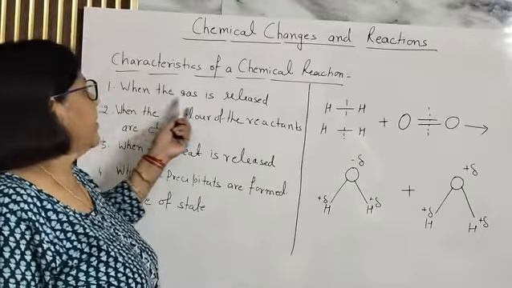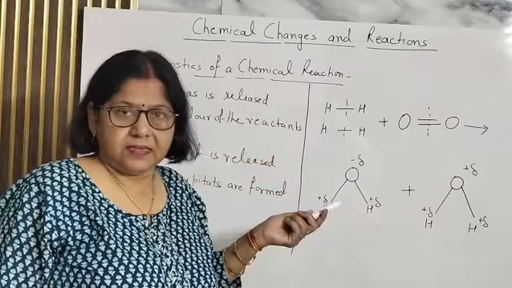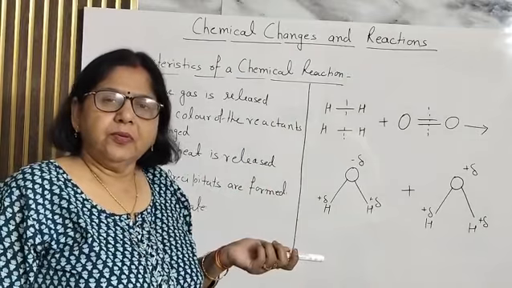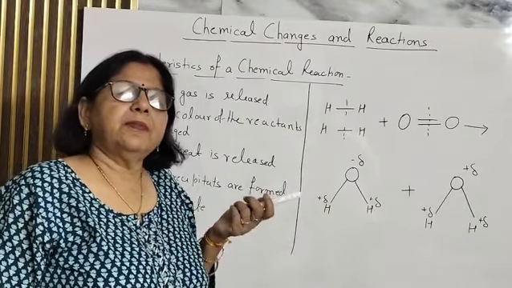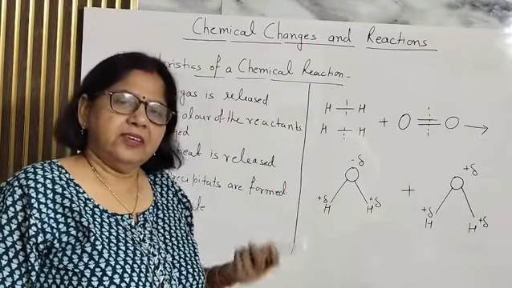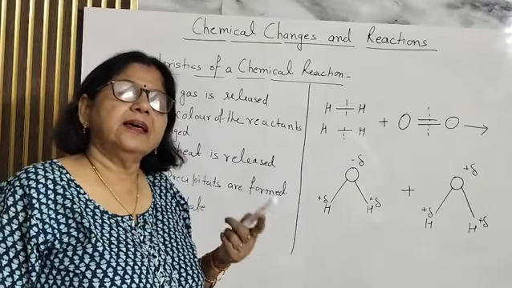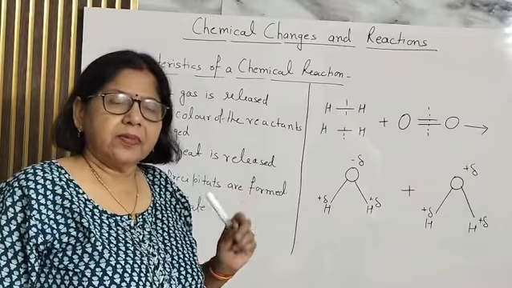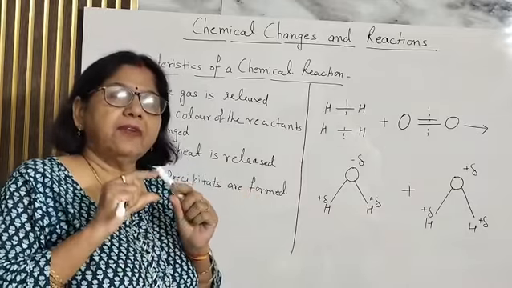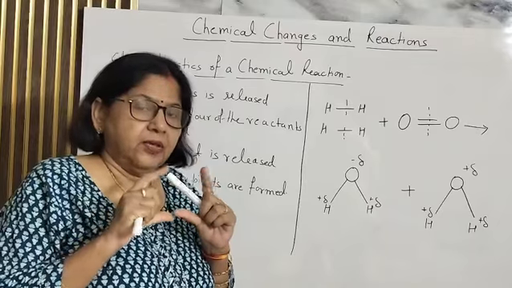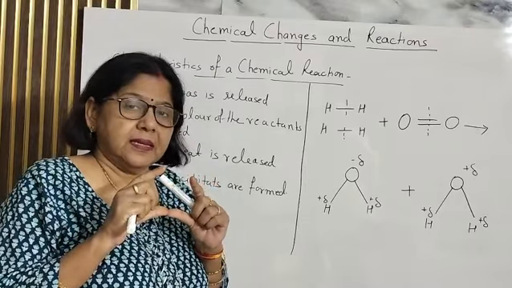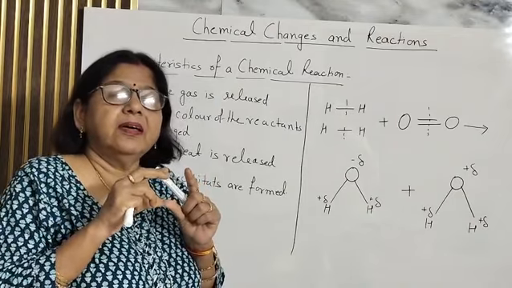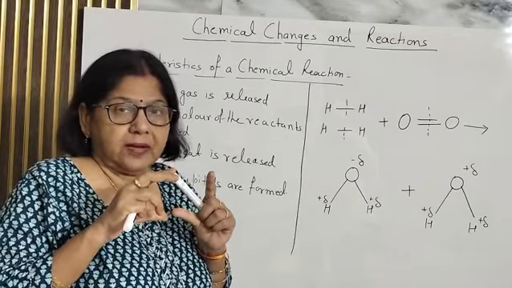Number one, when a gas is released. If you keep anything, like cheese or curd, in a tight container or a polythene, what happens after some time? After 2, 3, 4 days you find it has swelled. Why has it swelled? Because some gas has come out of it.